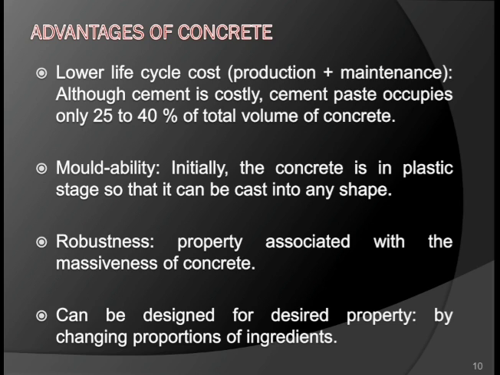Throughout its life, the overall cost of concrete itself is very low compared to other building material, except the cement cost. Cement is the costliest material in concrete making, but it occupies only 25 to 40% of the total volume of concrete, so it does not much affect the life cycle cost. So it is cheap. We can say that the overall cost of concrete compared to other building material is less.